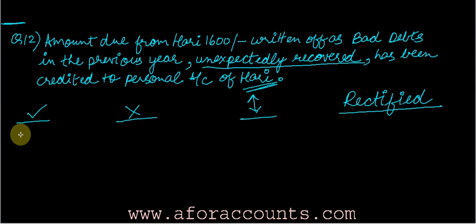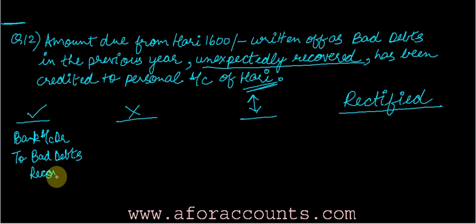So entry should have been bank account debit, since money is coming in, to bad debts recovered account. This should have been the entry, but I mixed it with Hari's account.